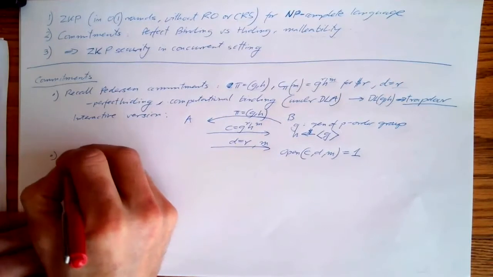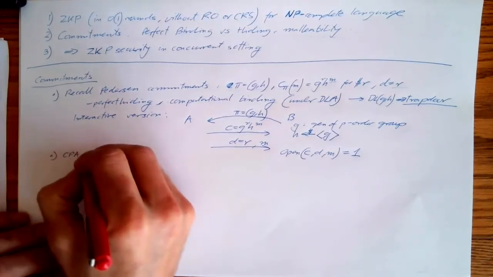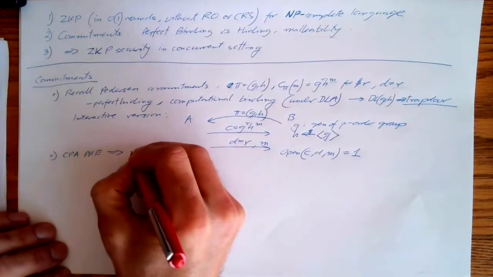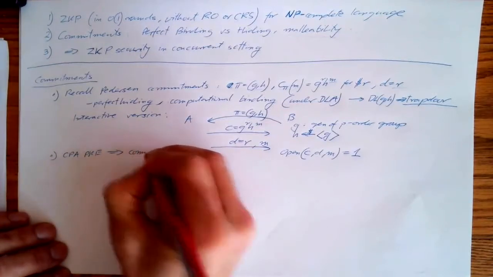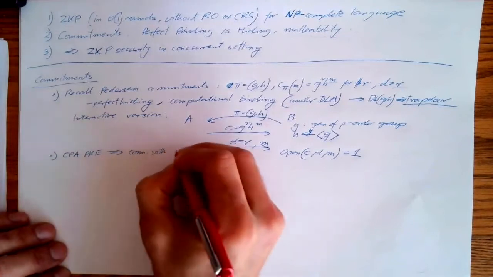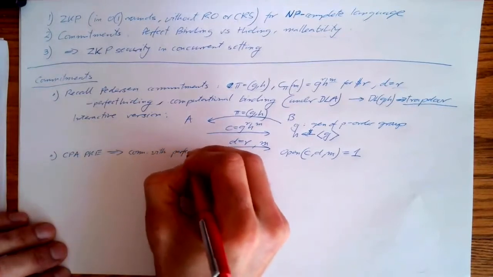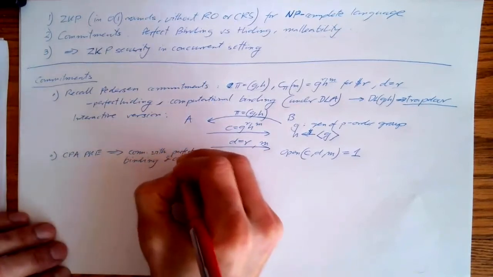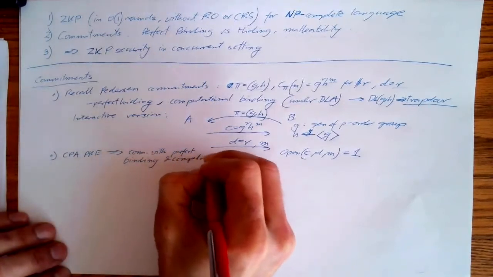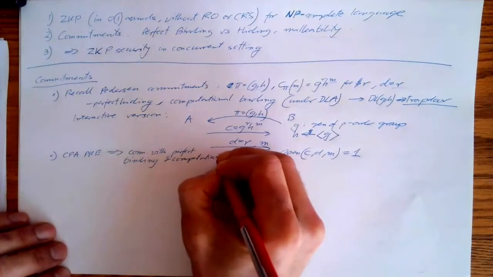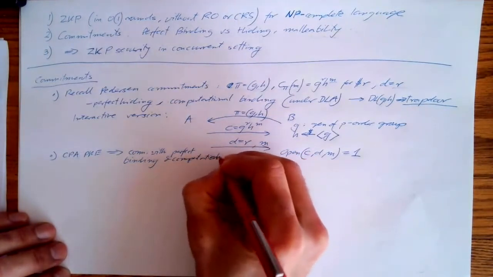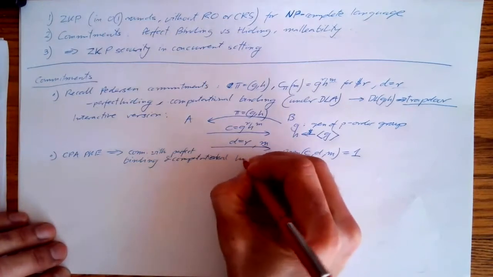We have also seen that any CPA public key encryption implies a commitment scheme with perfect binding and computational hiding.